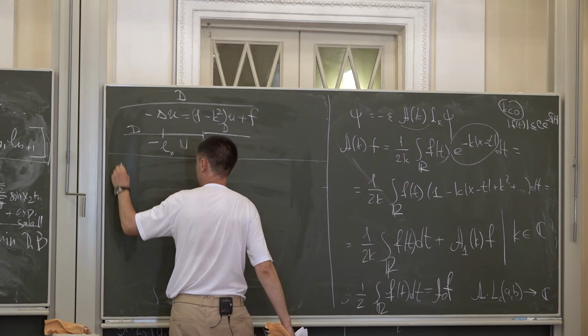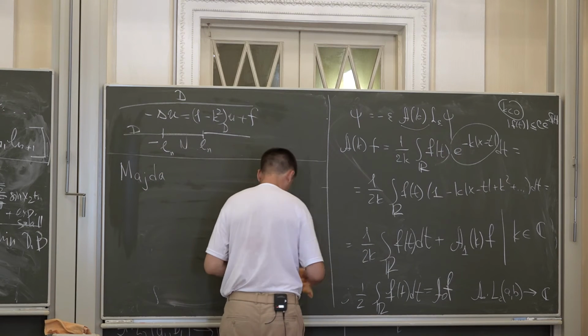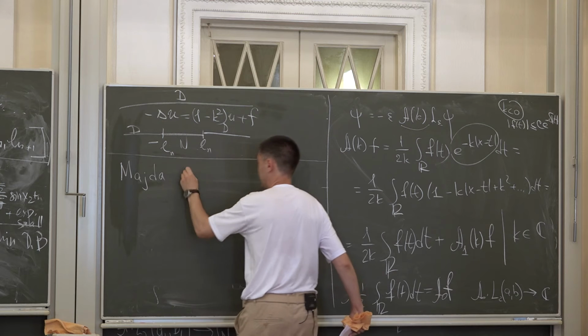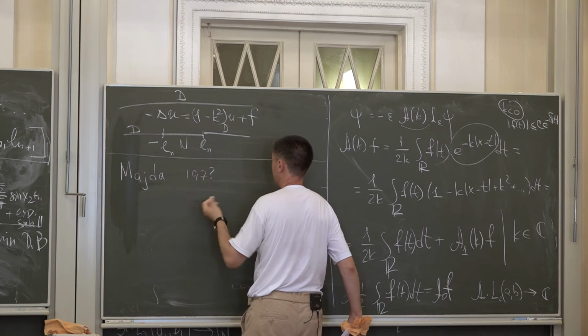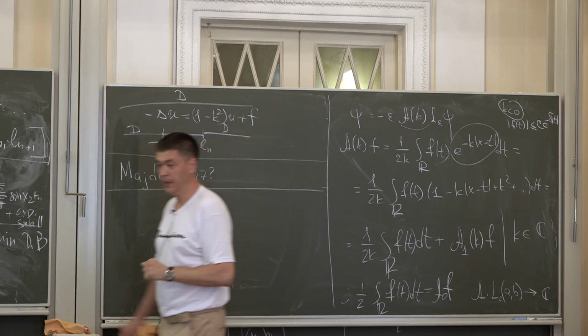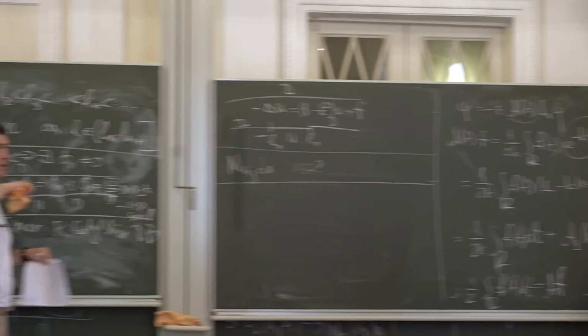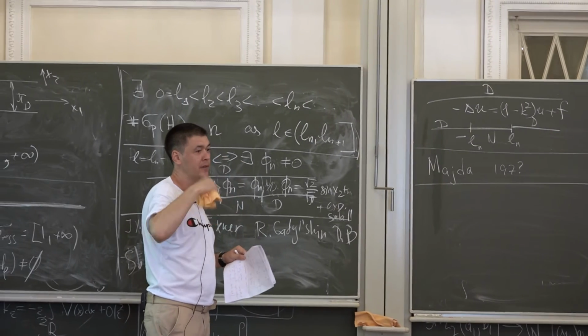And here there is one more technique which is due to Maida, and it was also somewhere in the 70s, maybe even earlier. The idea is how to make the meromorphic continuation for various operators in unbounded domains if we have something localized in the middle.